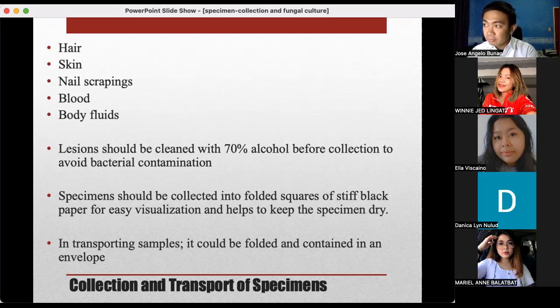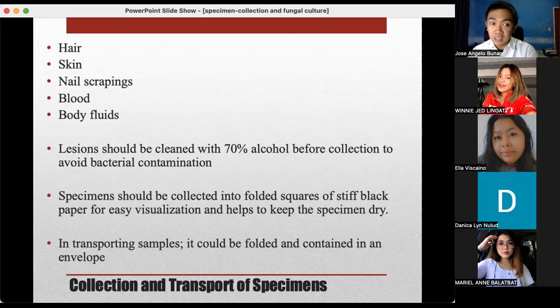CSF can also be one of your body fluids, but basically we have a rule, right? When the sample is CSF, the first tube is for chemistry and serology testing. The second tube is for the microbiology section. The third tube is for the hematology section. But for CSF samples submitted to the mycology lab, it needs to be centrifuged to obtain a more concentrated specimen.